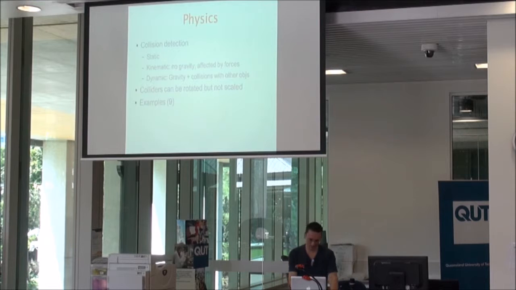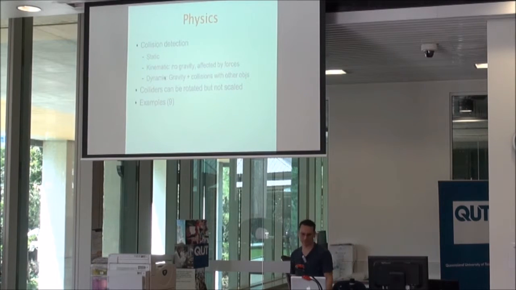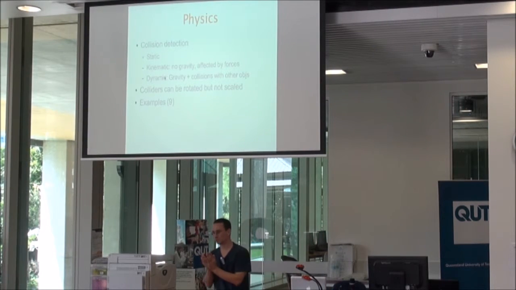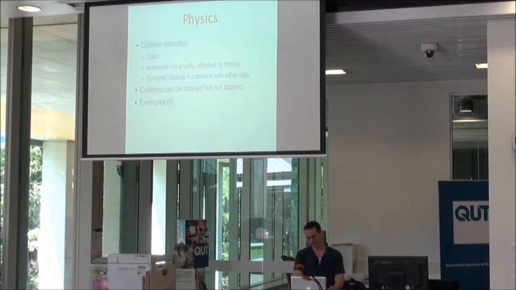So that's like using a dynamic. Then colliding that with a kinematic in order to have the event, otherwise it doesn't trigger. As I said, the colliders rotate, but they cannot be scaled. They just stay the same. If you scale the image, the collider still remains the same.